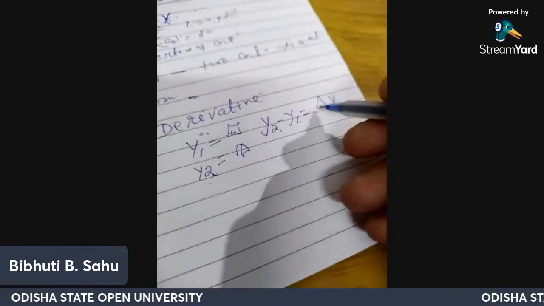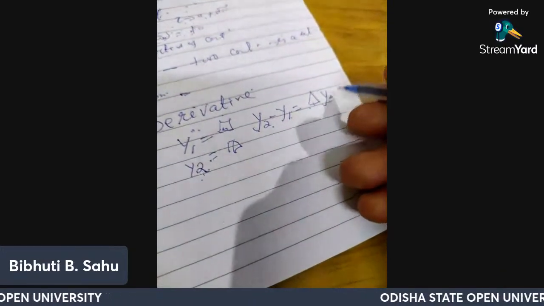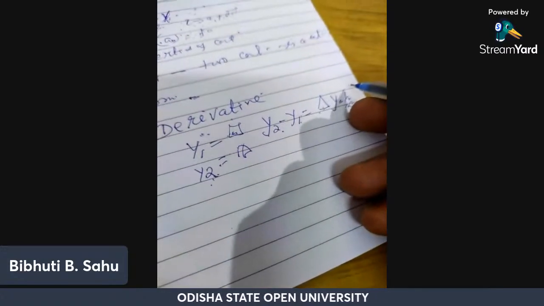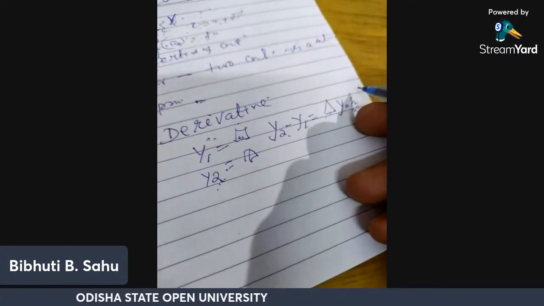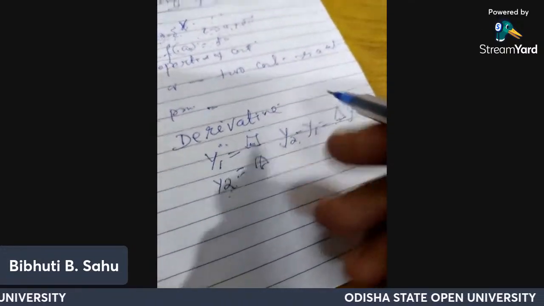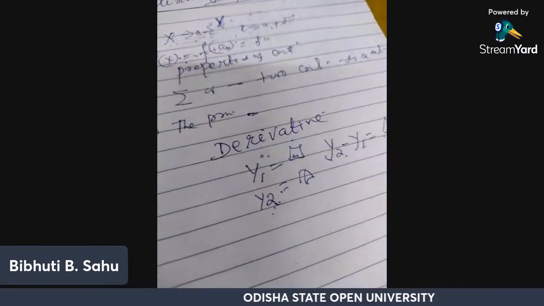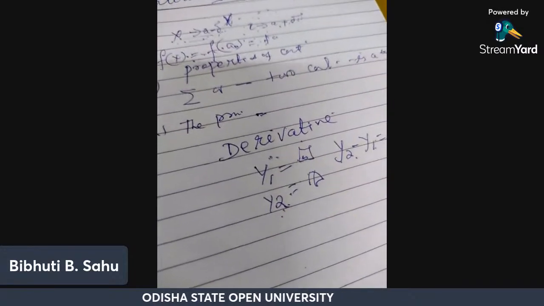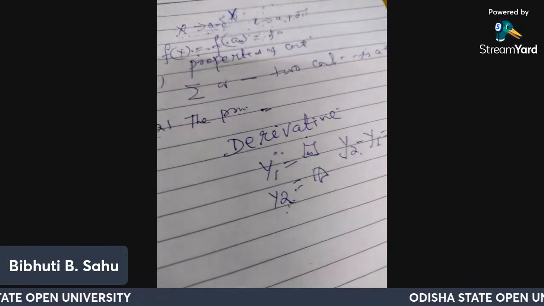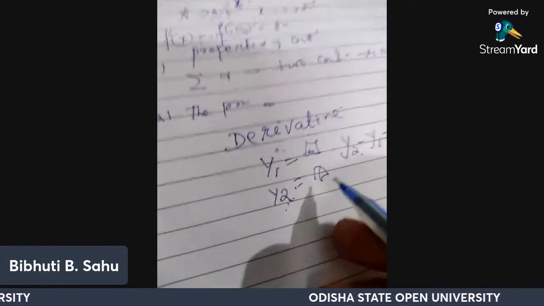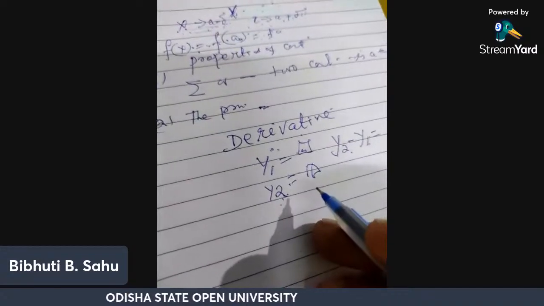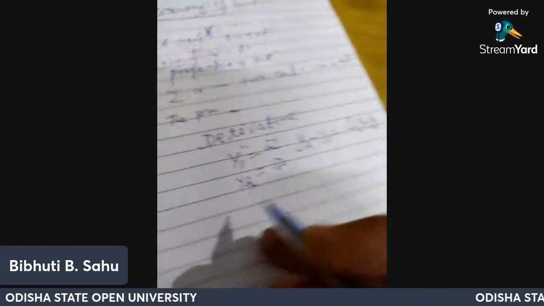Very often it is also represented by other symbols like h, k, or any quantity or numbers. So if in a function y equals f(x), the independent variable x takes an increment delta x or h, then delta y or k denotes the corresponding increment of y or f(x).